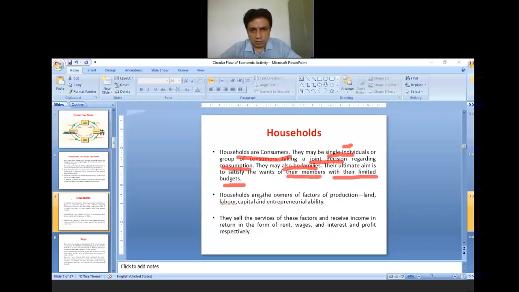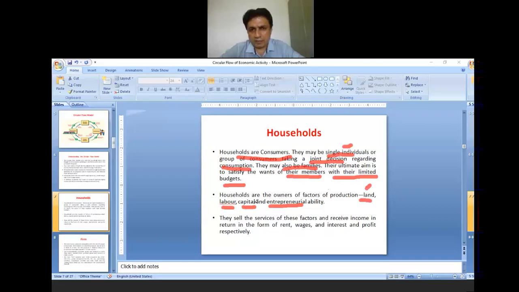Households are the owners of factors of production like land, labor, capital, and entrepreneurship ability. All the consumers have these factors.